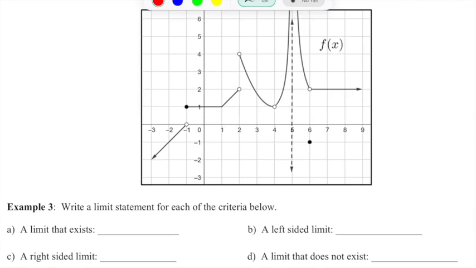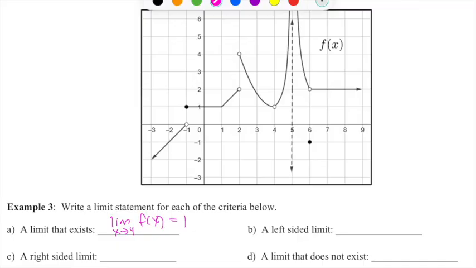I will do this one, the limit as x approaches 4 of f of x. So as we approach 4, it looks like we're going to get closer and closer to 1 on this side and this side. So this will equal 1. Let's do a left-sided limit and a right-sided limit.